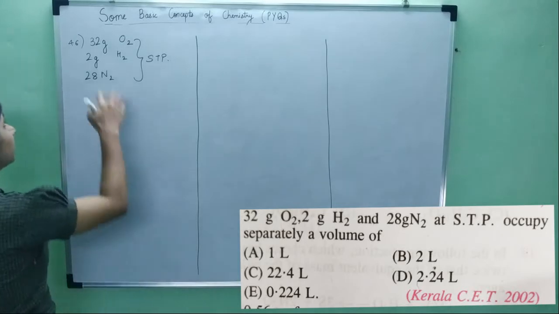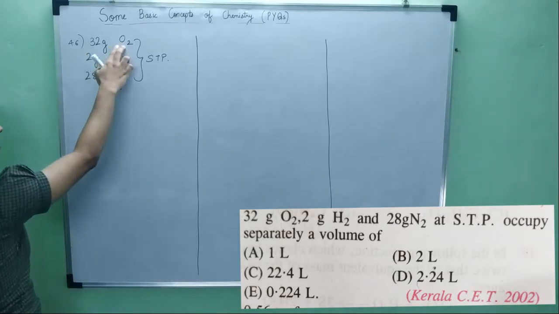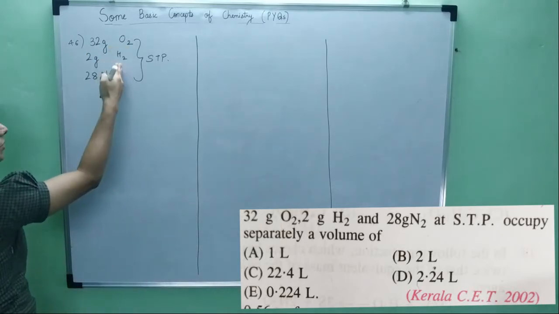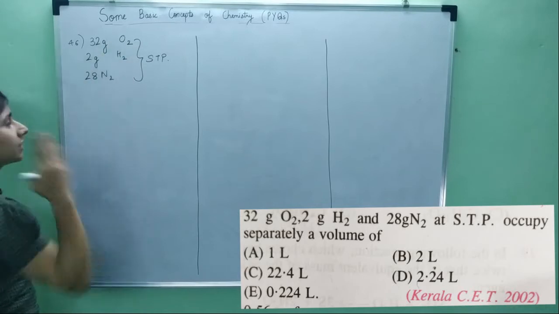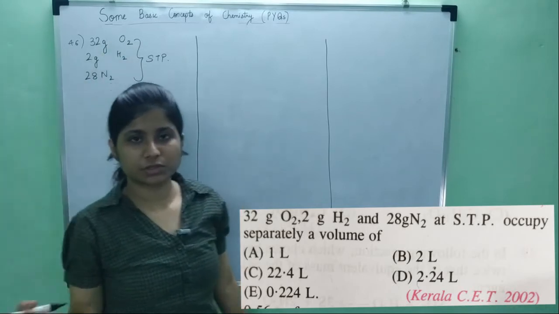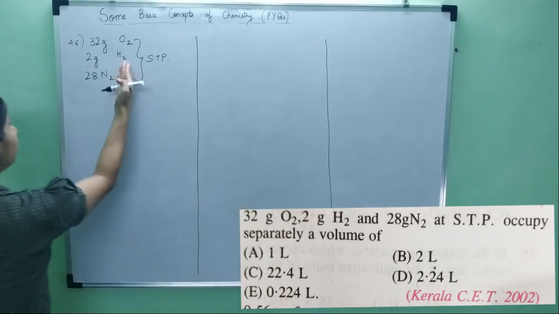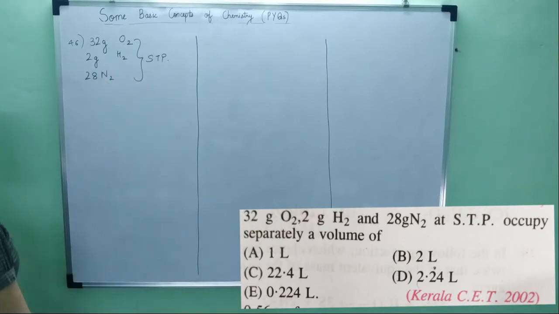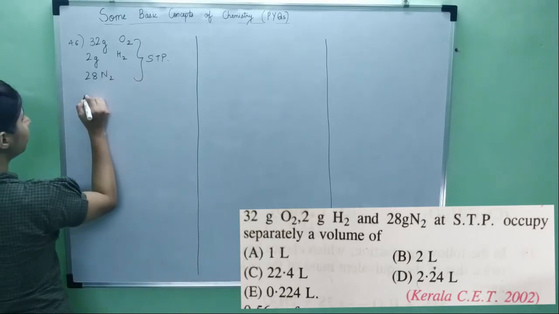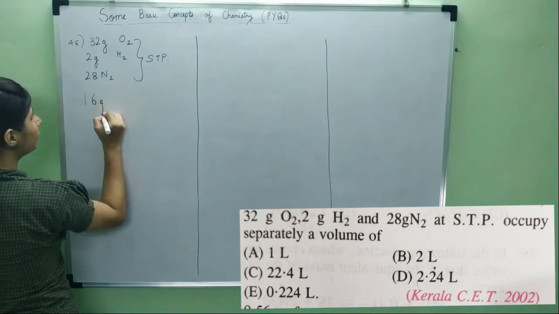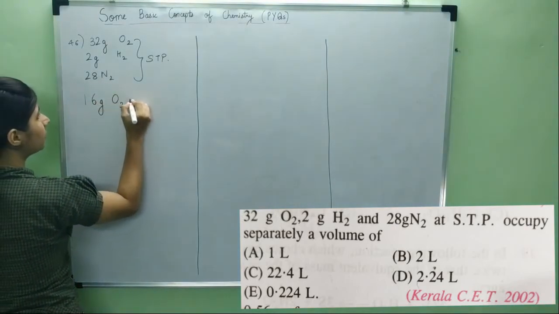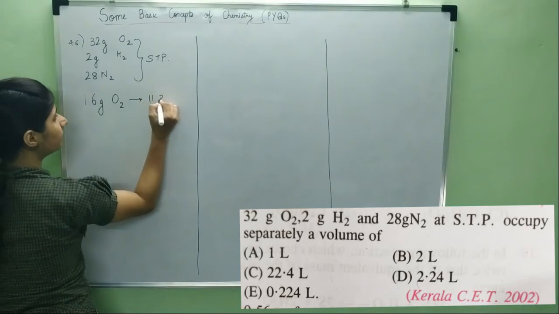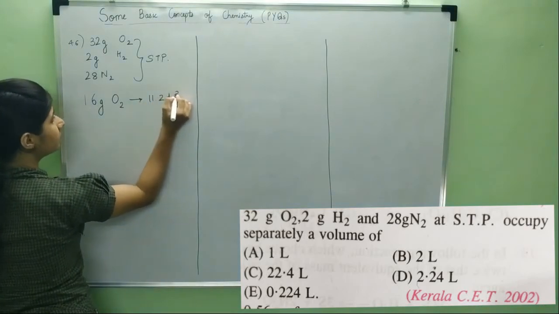Now if you see, 32 is actually the molecular weight of oxygen, 2 gram is the molecular weight of hydrogen. For single oxygen it is 16, but diatomic oxygen is 32. Similarly for hydrogen and same for nitrogen. So I had told you if it is 16 gram of oxygen, this will occupy 11.2 decimeter cube, because this is diatomic.